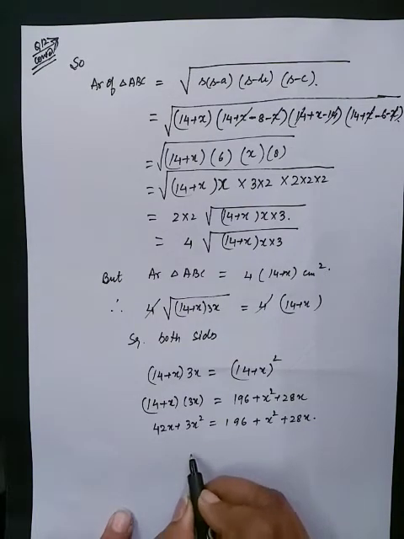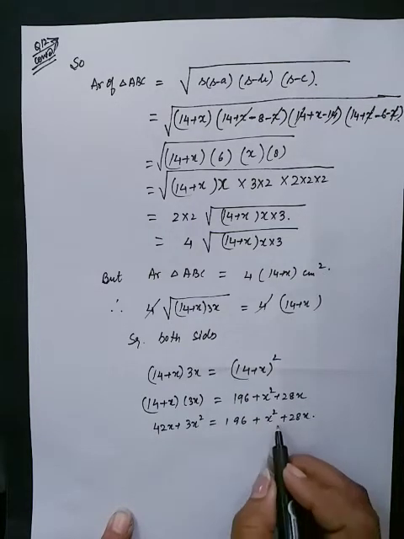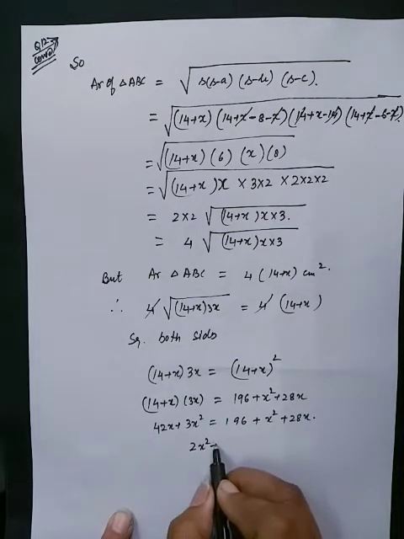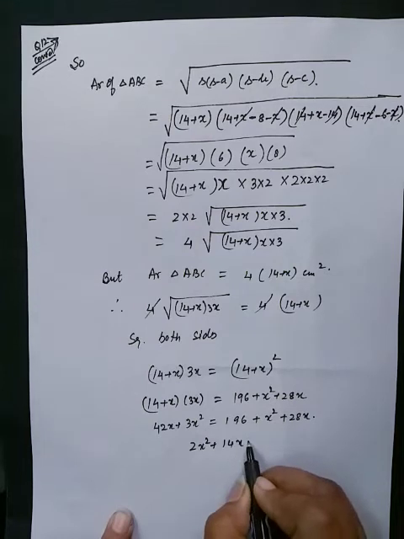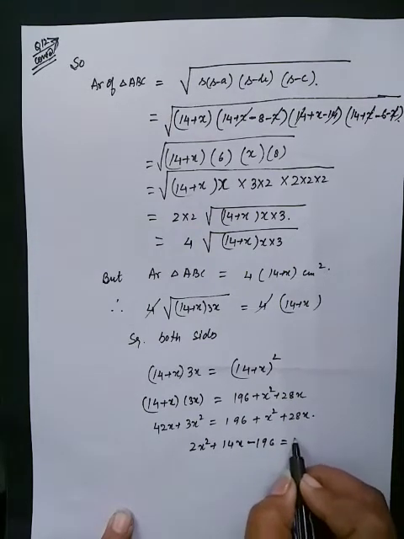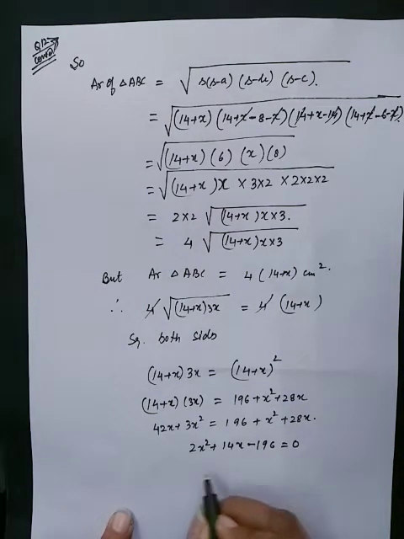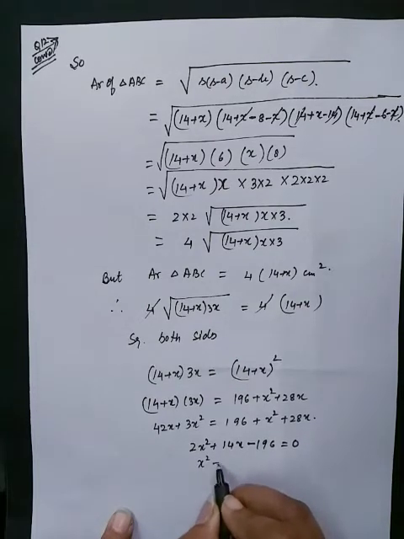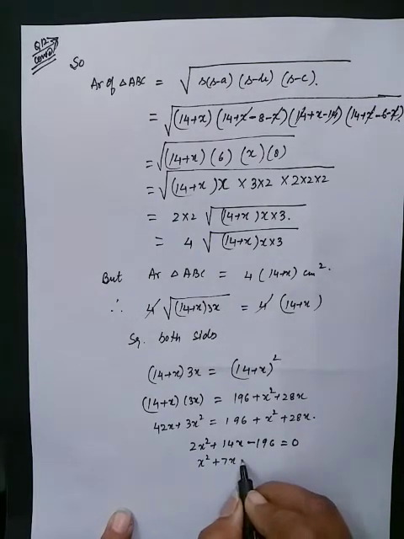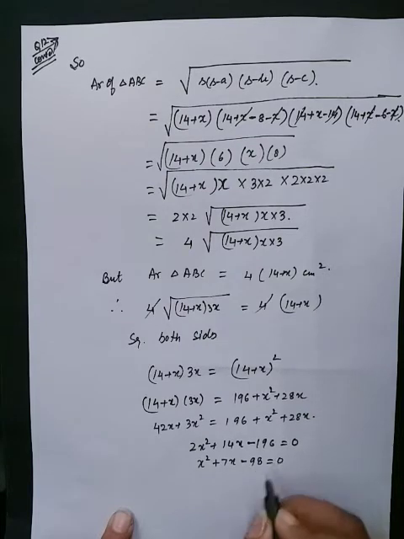And now your equation will become 2x square plus 14x minus 196 is equal to 0. We can divide the whole equation by 2. x square plus 7x minus 98 is equal to 0.